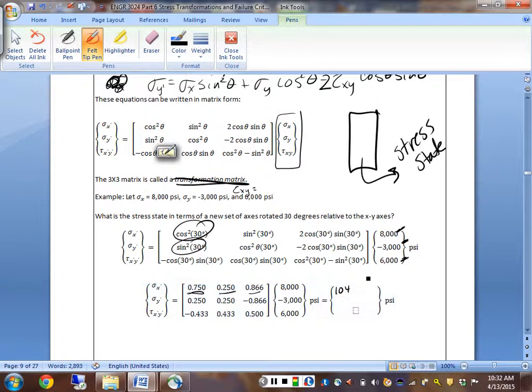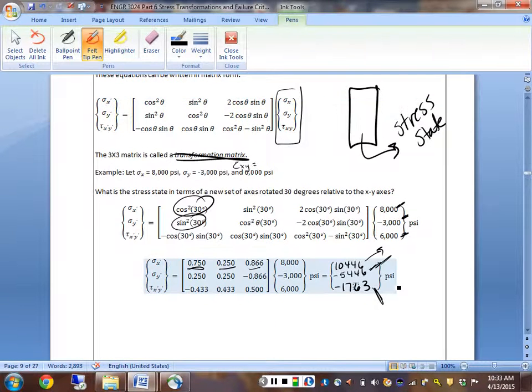The numbers that you get in this particular case are 10,446, minus 5,446, and minus 1,763. That's my vector of new normal stress x, new normal stress y, and new shear stress tau x prime y prime.